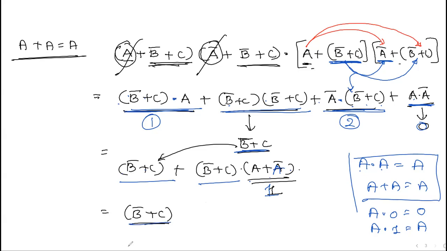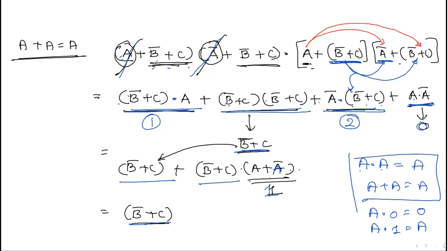So that means it is a single B bar plus C. So you don't need to simplify this every time, but what you need to understand is that if a variable and its complement are both present, then you can eliminate it. And that's the purpose of simplification using Karnaugh map. So you get B bar plus C as another variable.